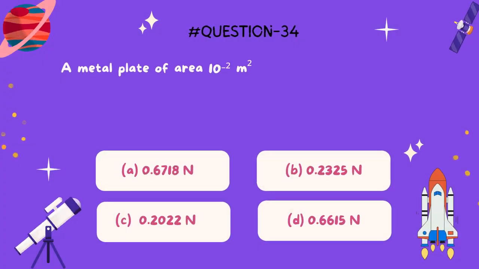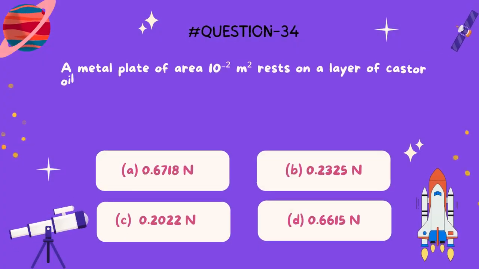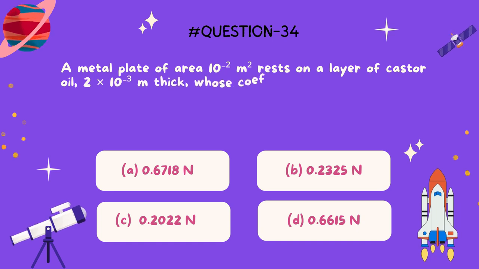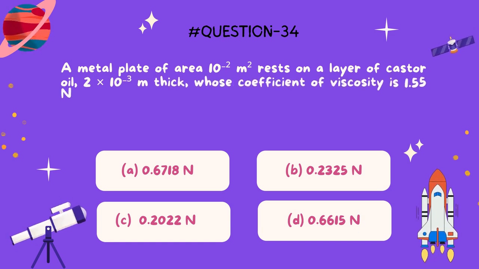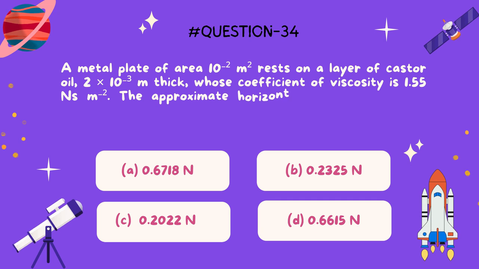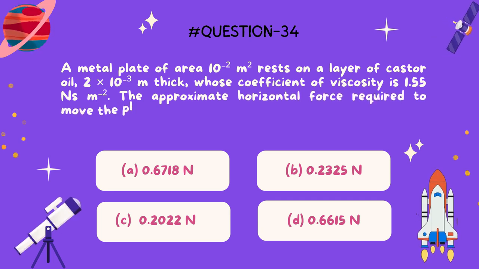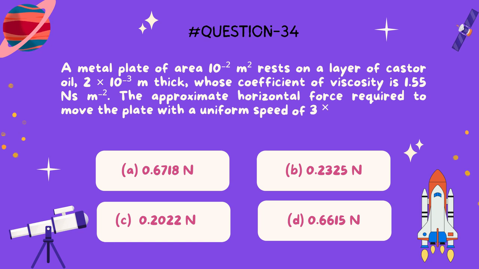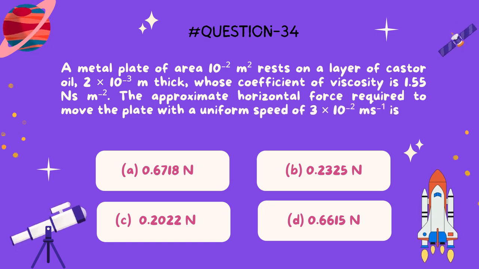34. A metal plate of area 10 raised to power minus 2 meters squared rests on a layer of castor oil 2 times 10 raised to power minus 3 meters thick, whose coefficient of viscosity is 1.55 N s m raised to power minus 2.